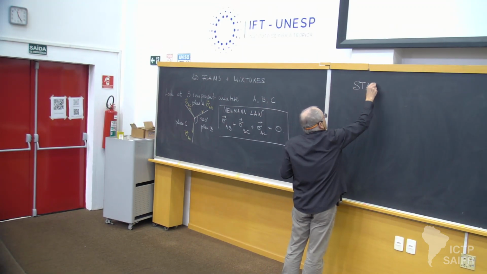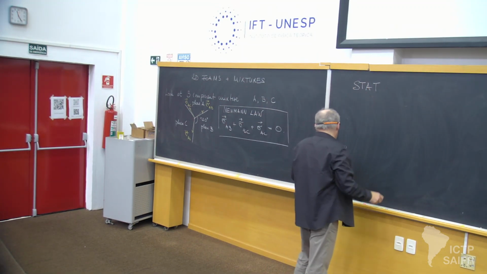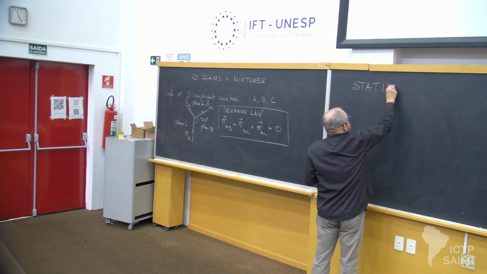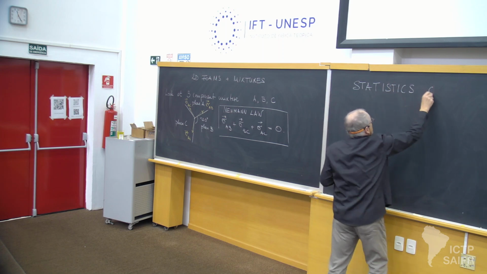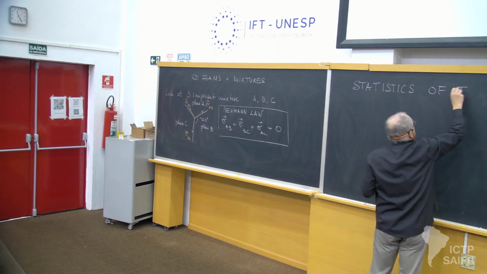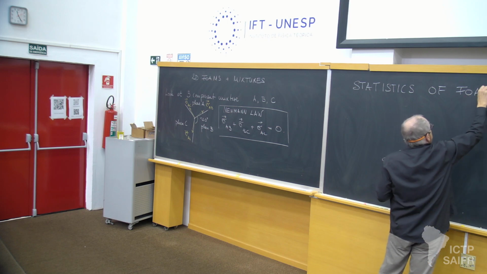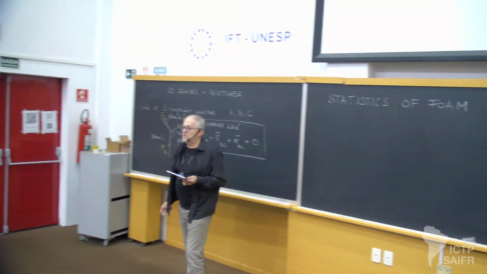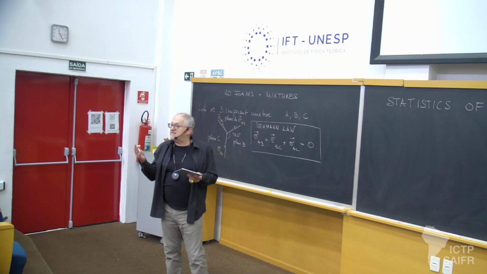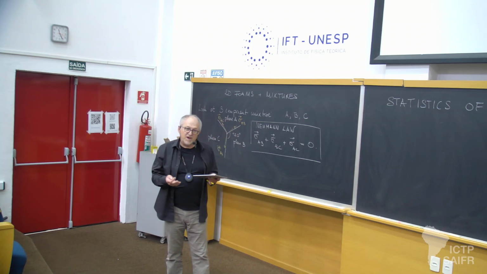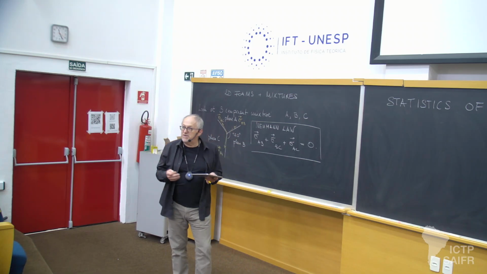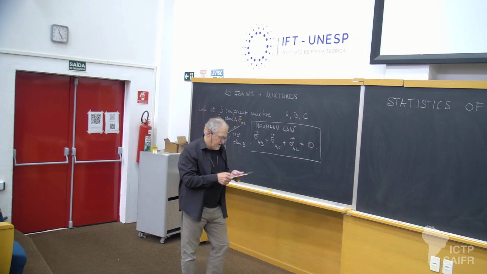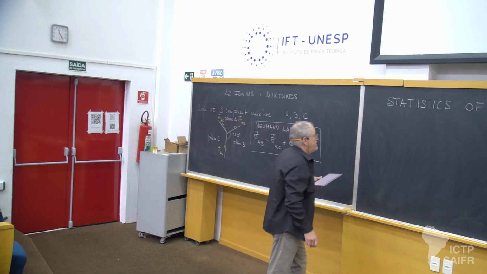Now let's talk about another feature of these foams, which you might have anticipated from looking at the pictures from Doug Durian's lab. They have statistics. The bubbles that you see have different numbers of sides and different sizes, and you would like to make a statement on that.